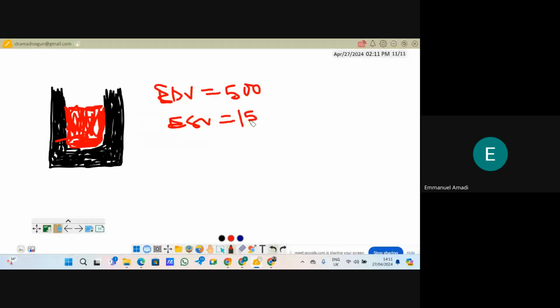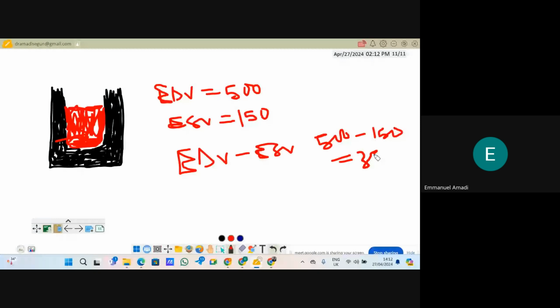Now, your stroke volume is end diastolic volume minus your end systolic volume, which will definitely be 500 minus 150, which would definitely be 350.